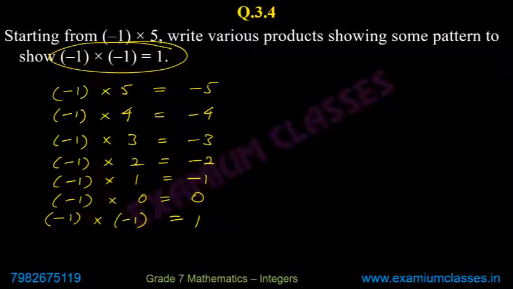Now, when you reduce 0 further by 1, it will be -1. So -1 into -1 will give you 1. So you see the pattern that from -5, it increased to -4, then -3, -2, -1, 0, and then 1. So in every step, it increases by 1 unit.